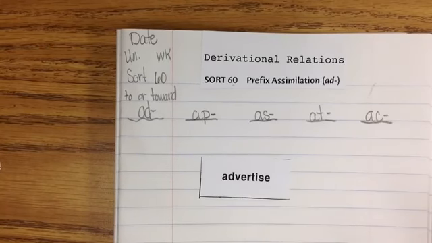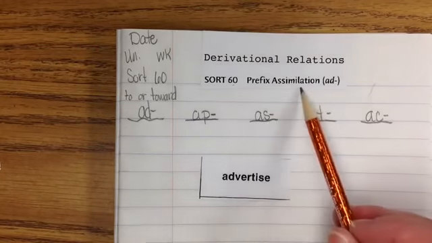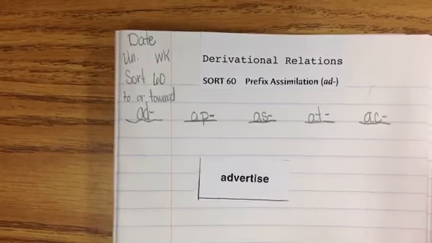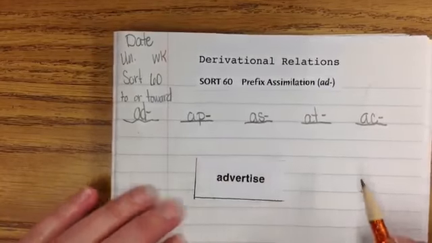In this sort, there are other forms, and there are also assimilated forms, and that's AP, AS, AT, and AC. They've already been covered, but there are other ones we're not going to talk about right now. Let's go ahead and put our advertise under AD.